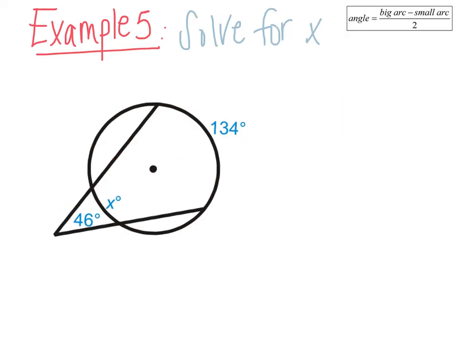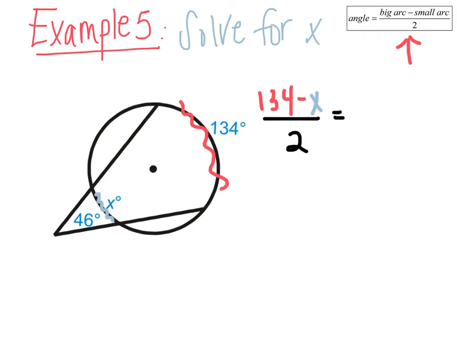For this next example, we'll still be using the same formula up top. What I recommend doing is substituting everything that you know into the formula and then solve from there. So we know the large arc is 134. The small arc, in this case, is unknown, and it's x. Let's put it all over 2.